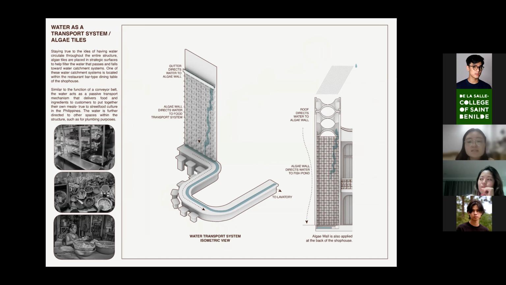But in a sense, this system stays true to the idea that we wanted to use water as the main essence of the city, and that meant if it circulated throughout streets and rivers, it could also circulate in your own home and even be a mechanism for certain things.